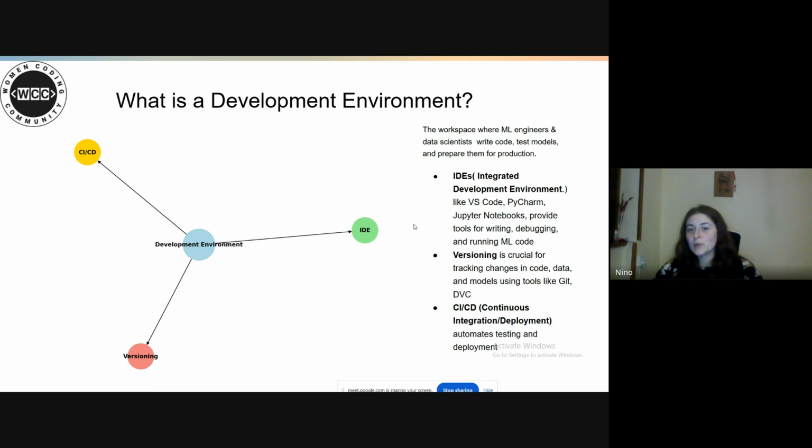From my point of view, if you're a beginner in data science, my advice would be to pay much attention to using an integrated development environment like VS Code or PyCharm rather than Jupyter Notebooks. In the beginning, I started using notebooks, Colab or Jupyter Notebook, and it took me a great deal of time to switch to VS Code, because in VS Code and PyCharm you have folders separately for training, testing, inference, datasets, and everything.